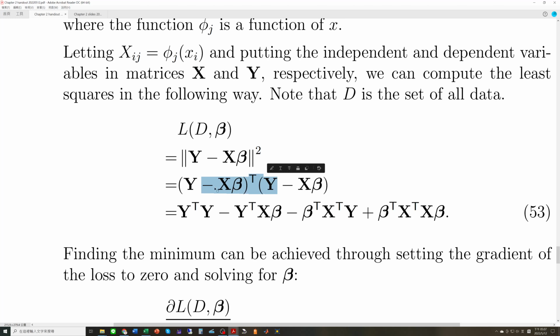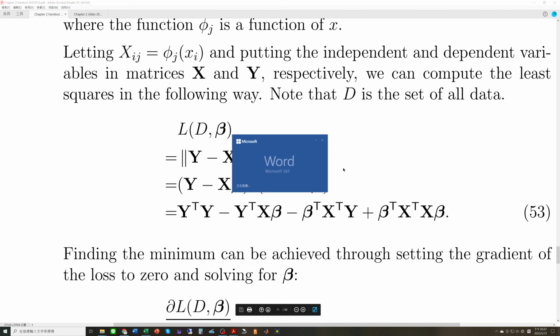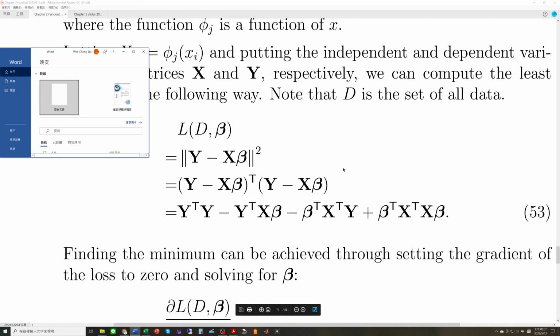The next is negative X beta transpose times y. Because the transpose is taken on X times beta, according to a property of a matrix, let me write down the property.